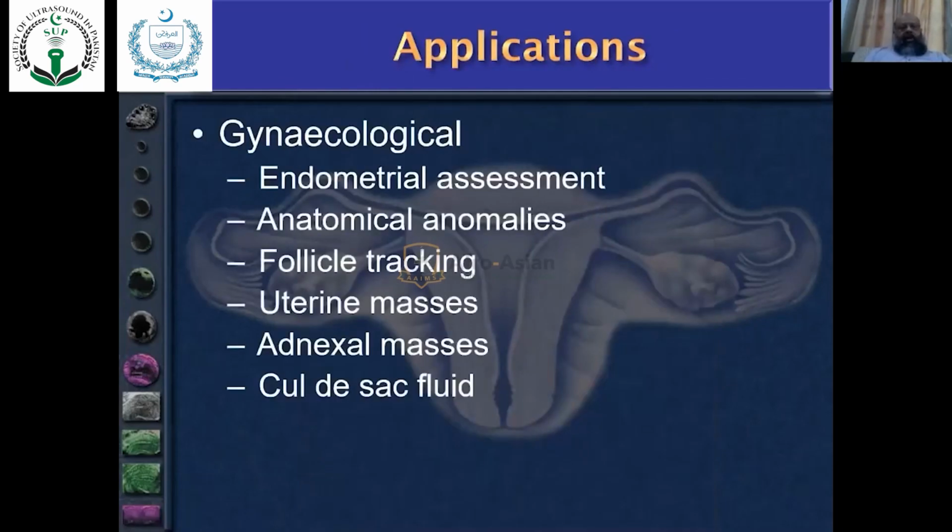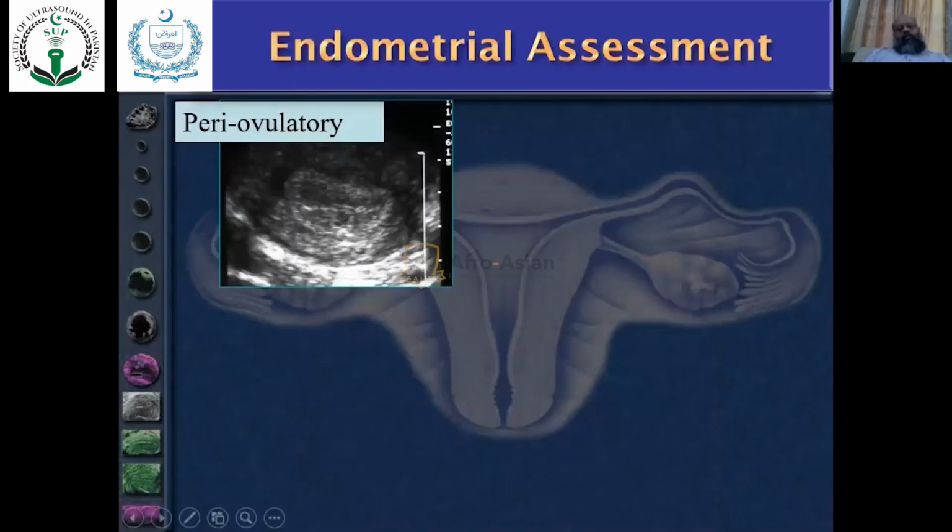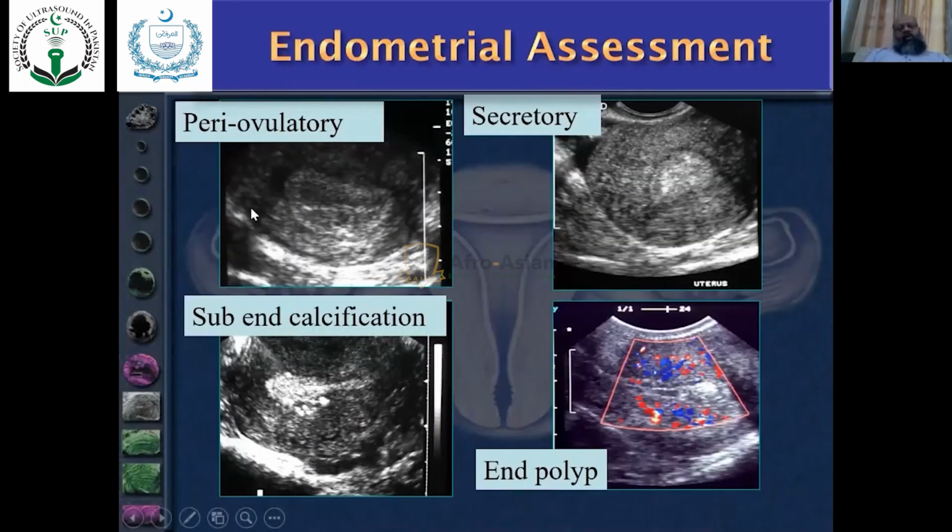In gynae, we can have applications of TVS like for assessment of endometrium, anatomical anomalies, follicle tracking, uterine masses, adnexal masses, and cul-de-sac fluid. This is the periovulatory phase TVS scan to evaluate the endometrium.